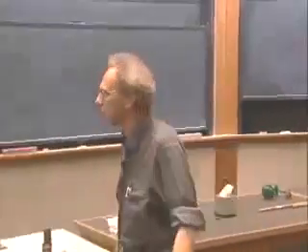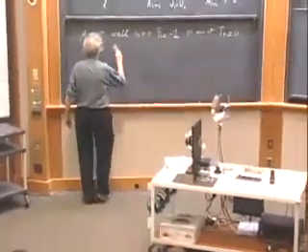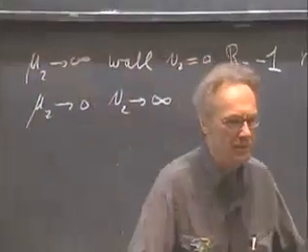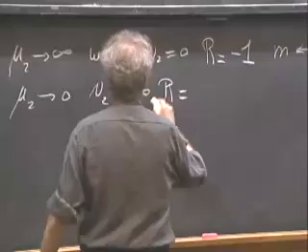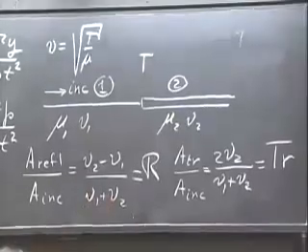So it is completely practical, it can be done. It's not just nonsense. So mu2 goes to 0, that means that V2 goes to infinity, and then we looked at R, and we say, well, if V2 goes to infinity, then R equals plus 1.